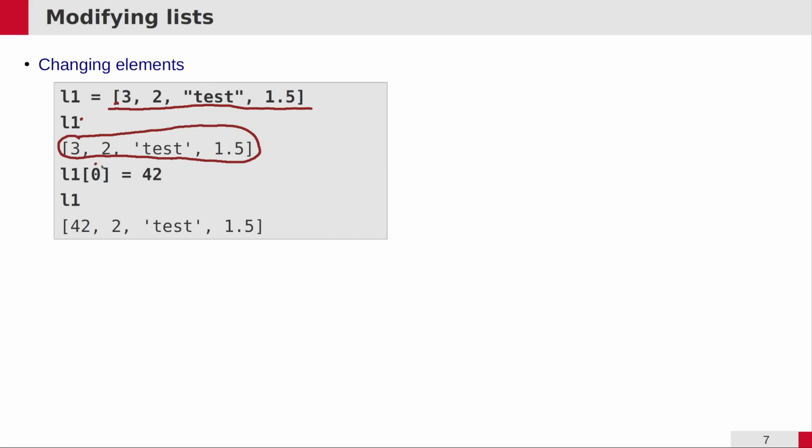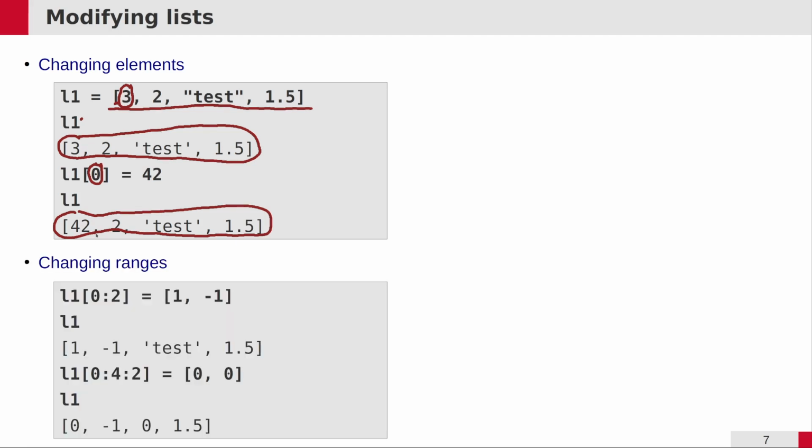Now you can say, take the 0th element, which is the number 3, and replace it with the number 42. If you execute it and show the content of the list, you will see that the 0th element has indeed been replaced with new content. So it was possible after the list had been created to manipulate its content.